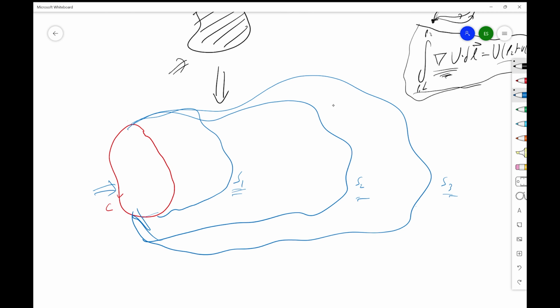The integration over S1, S2 and S3 should always give the same value because they all share the boundary. Not for every possible field, but for some fields. And those fields where this is true are called divergence fields.